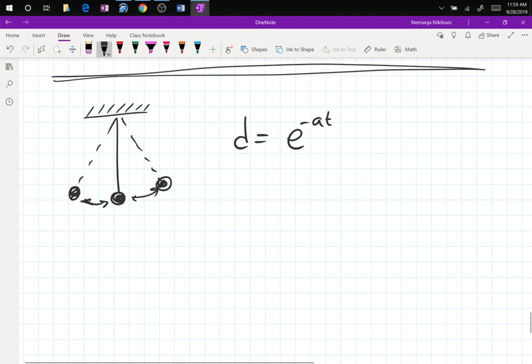So it's going to be sine omega t, and omega is the letter we use to show how fast this thing is. That's going to be the speed at which this works.